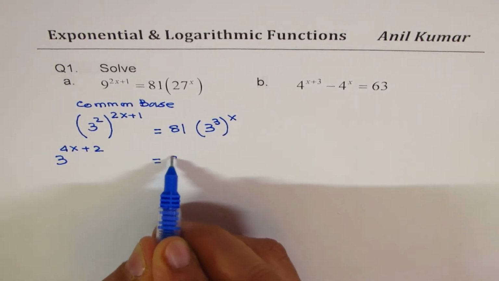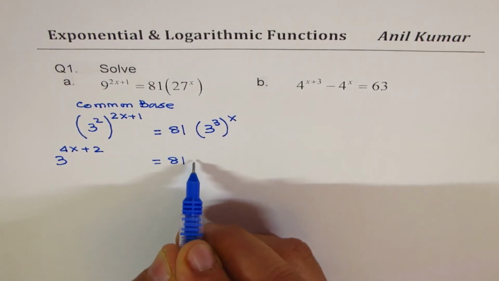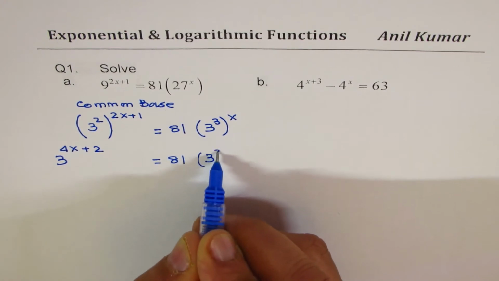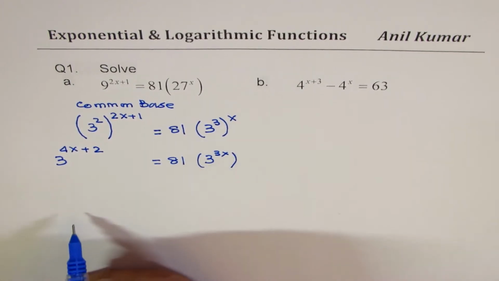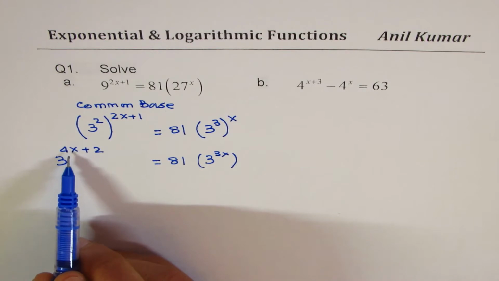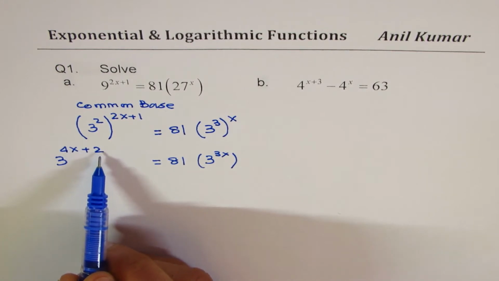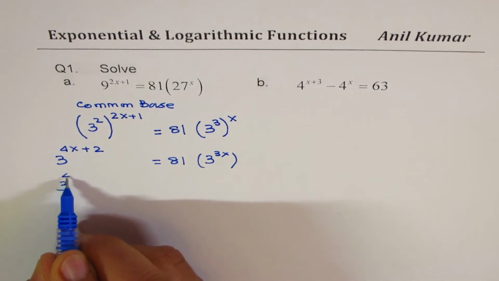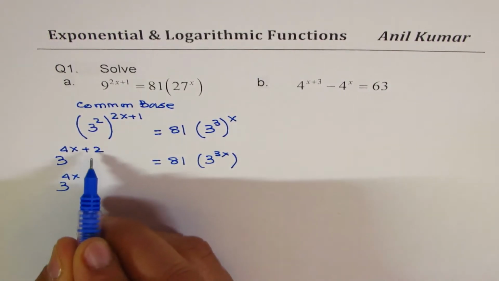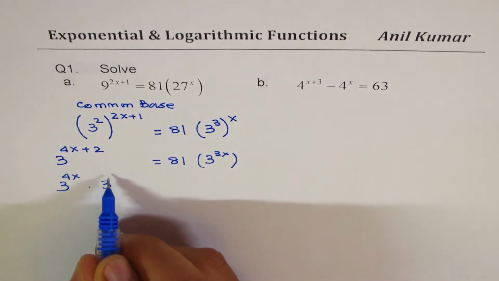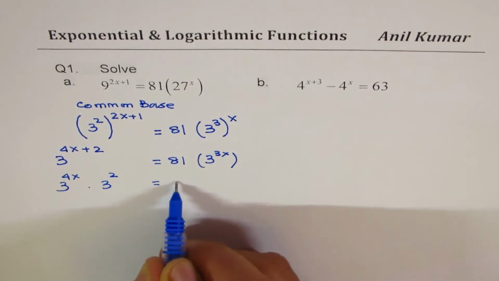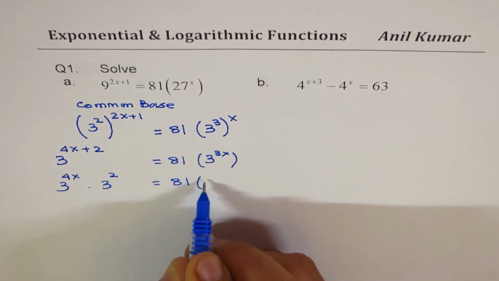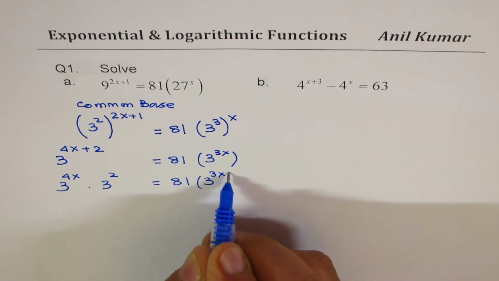And here we have 81 times 3 to the power of 3x. Now, we could apply the exponential laws. That means product, right? So we have 3 to the power of 4x times 3 square, which is 9, equals to 81, 3 to the power of 3x.